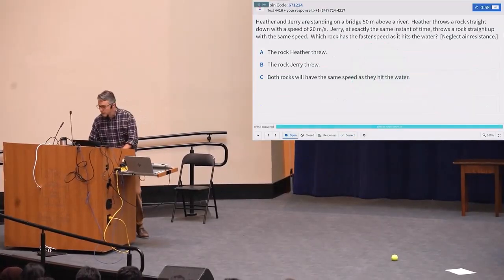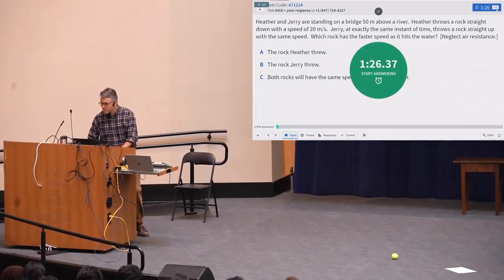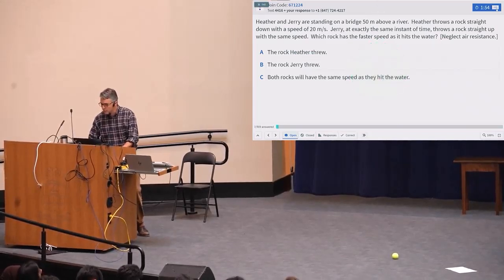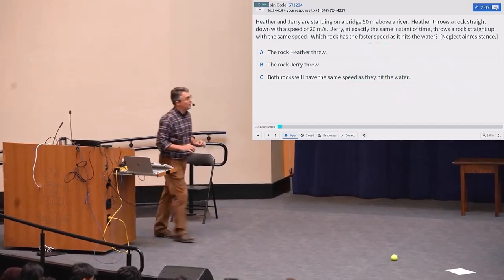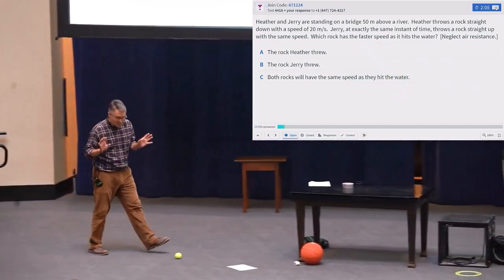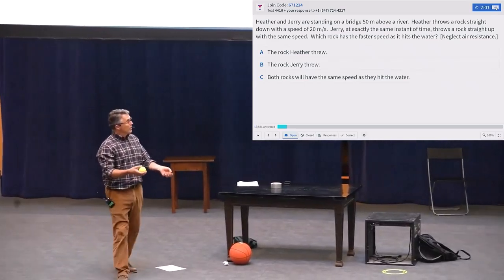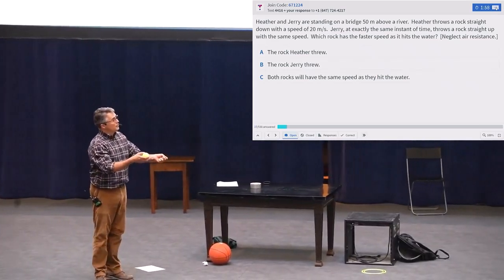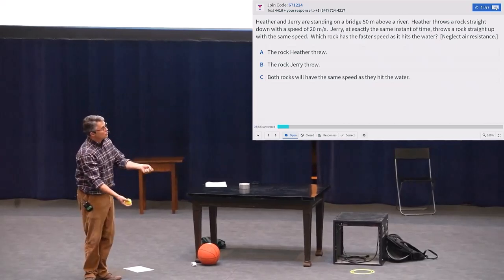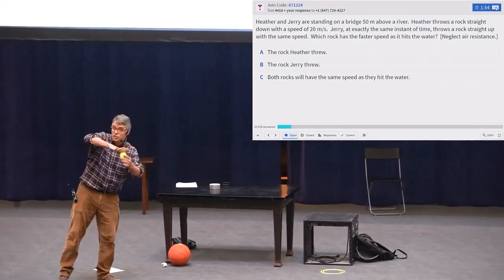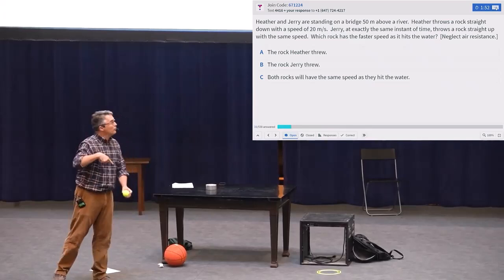Okay, this is a weird one. What you can imagine is that there are two rocks that are very small and heavy, so the air resistance is pretty negligible. Heather and Jerry are standing on a bridge 50 meters above the water. Heather throws the rock straight down with an initial speed of 20 meters per second down.